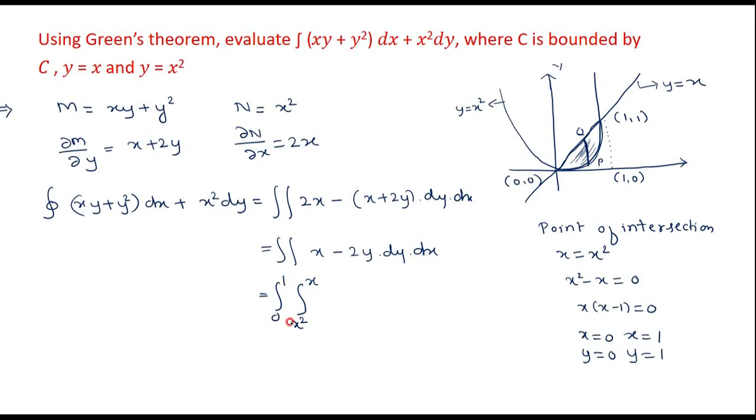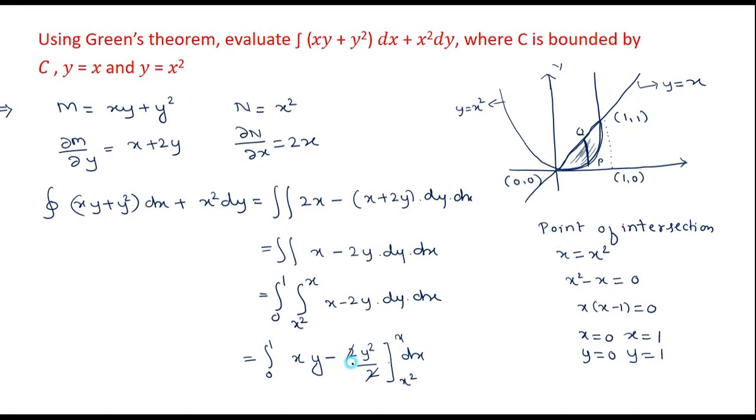So the limits of y are from x square to x, for the integrand x minus 2y, dy dx. Here, as y is the variable, we have to integrate first with respect to y. So x constant, integration of 1 is y, and here it is 2y square divided by 2, dx, and the limits are from x square to x.